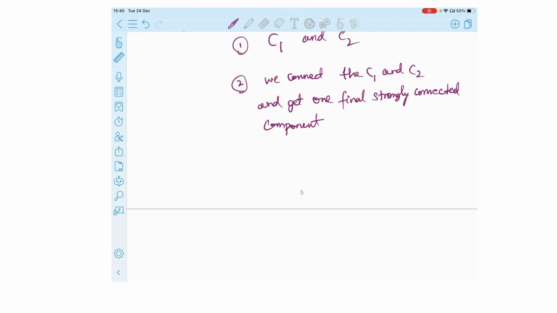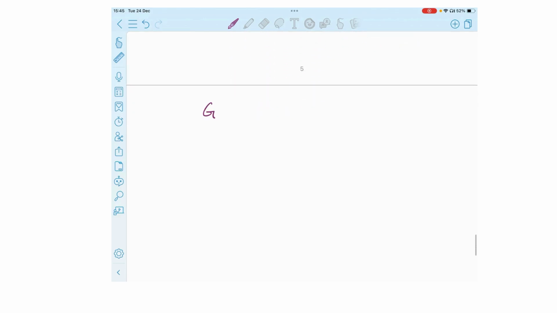Now, a graph can have multiple connected components. Given a graph G with vertices V and edges E, it can have multiple connected components.